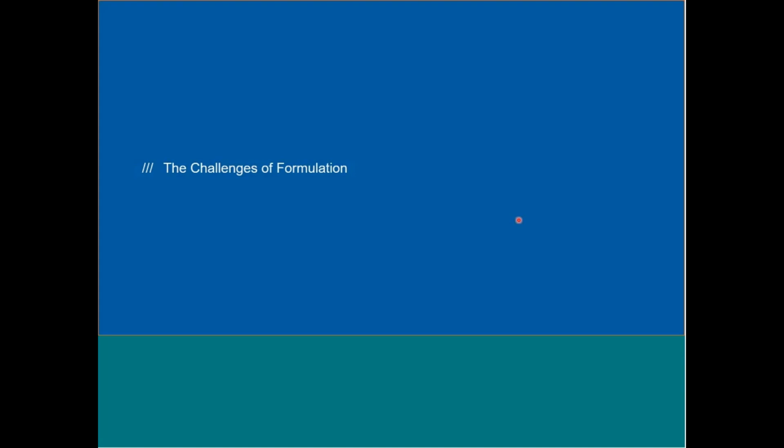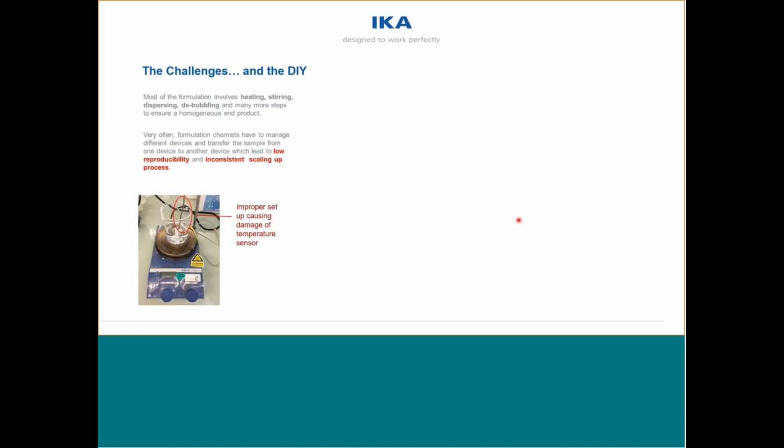So now let's continue with some of the problems that you might face as a formulation chemist. Other than having to think about how to improve your formulations, one of the difficulties is that formulation normally involves many parameters.